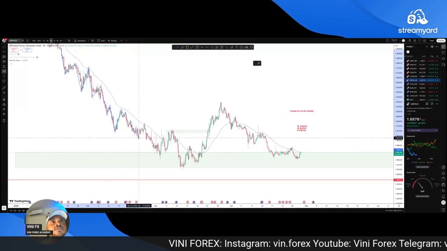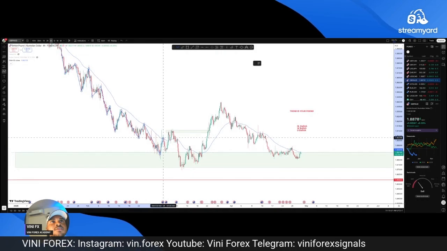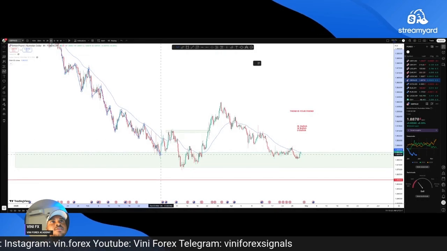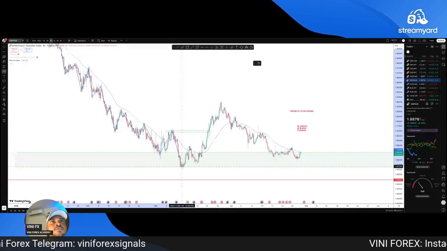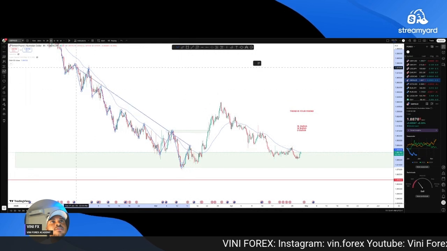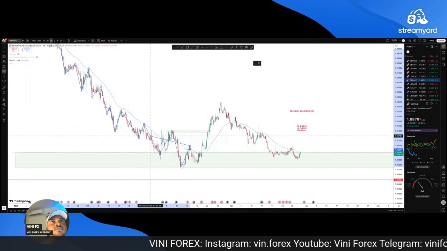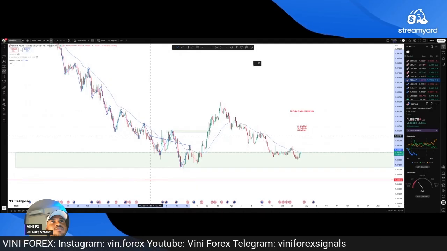Just simple. A lower low, a lower high, a lower low, a lower high. All of this you see here, these are pure patterns of a what? A downtrend. And that is beautiful.